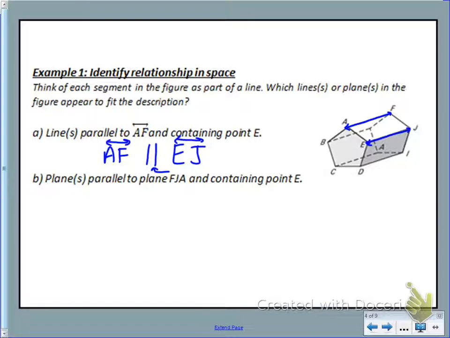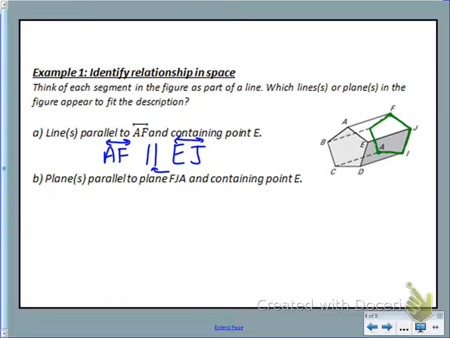Then it asks us which plane or planes are parallel to FJA and containing point E. Well, the plane FJA, here's point F, J, and A. We use 3 capital letters to name a plane. So essentially, the plane that they're discussing is the pentagon here.